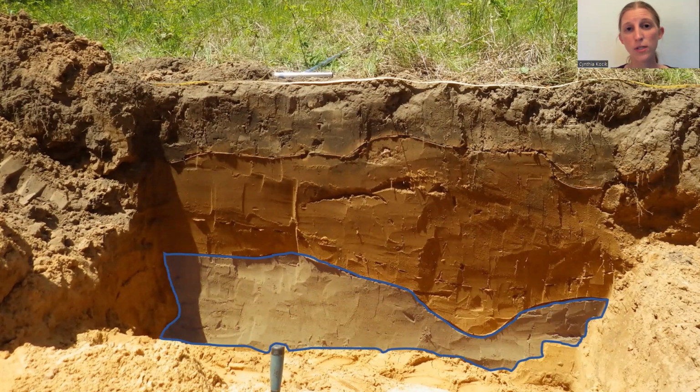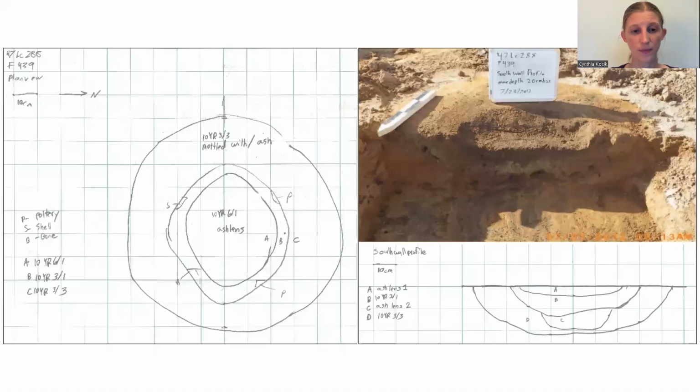Now, let's take a closer look at those cultural traces I just mentioned in the form of features. We usually start by mapping features from the top in plan view. On the left is feature 439 from an Oneota site in Onalaska, Wisconsin. Then we normally split the feature lengthwise and excavate 1/2 by levels in 10 centimeters or another set measurement.